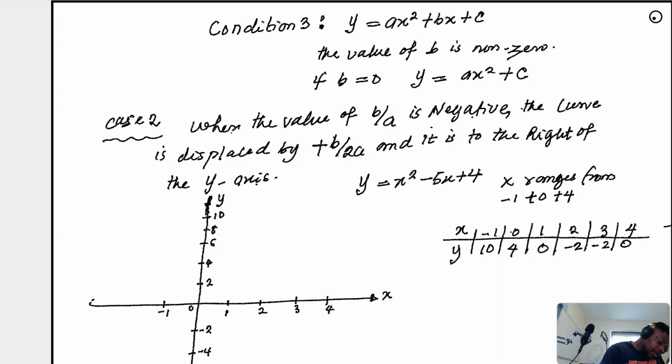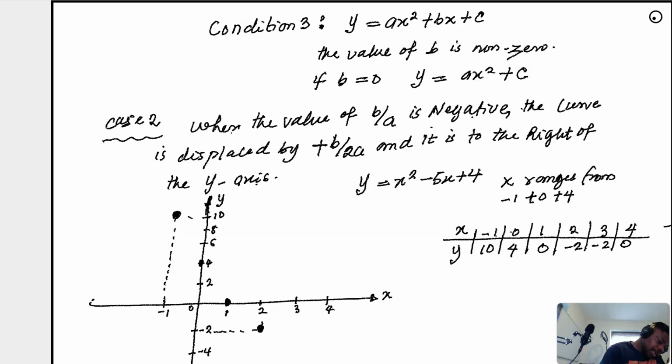So when x is minus 1, y is 10. So we'll put a dot there. When x is 0, y is 4. Put a dot there. When x is 1, y is 0. So we'll put a dot here. When x is 2, y is minus 2.